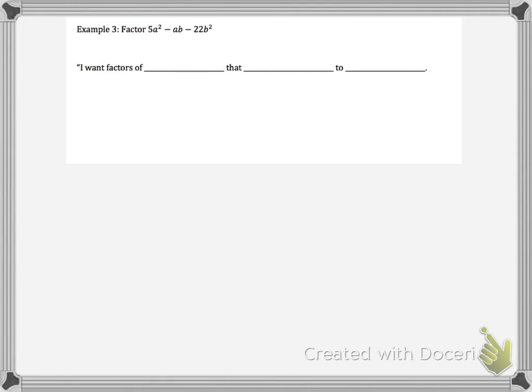For example 3, you want to think through factors of 110 that will subtract because of that minus in front of the constant, and they should subtract to 1ab, and we want the higher term to be negative because we have that minus in front.